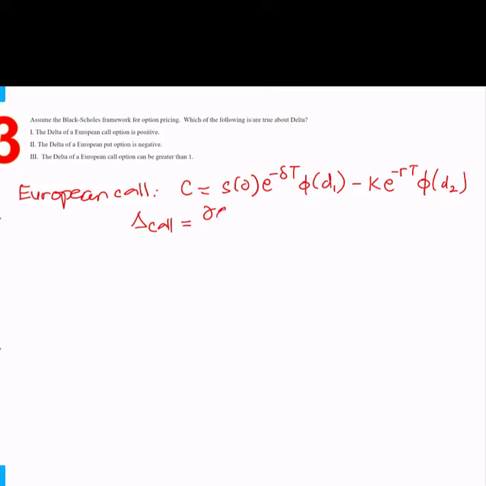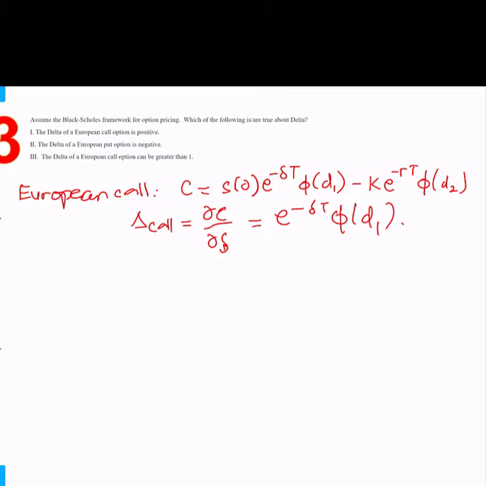In order to find delta, the delta of the call is partial C over partial S0, and it should be e to the minus delta T phi of d1. You see that?